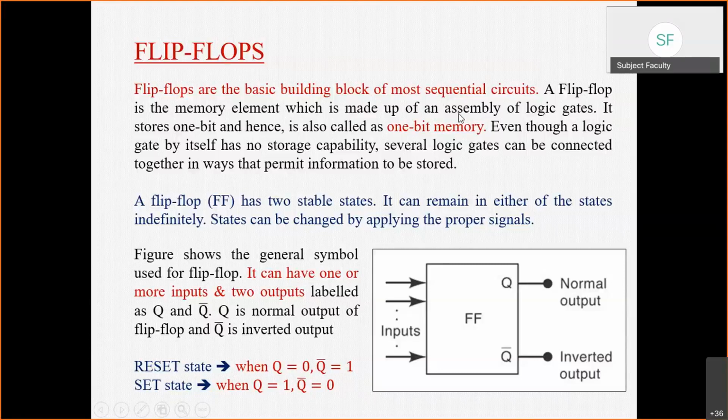Flip-flop itself is made up of logic gates, but a logic gate cannot store a bit, whereas the assembly of logic gates, that is the flip-flop, can store a bit and is used as a memory. One flip-flop will store 1 bit, and hence it is also called a 1-bit memory cell.